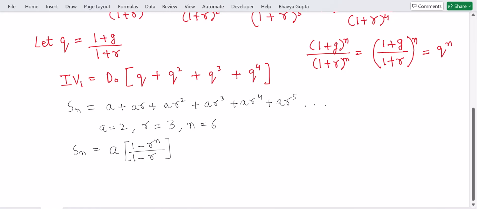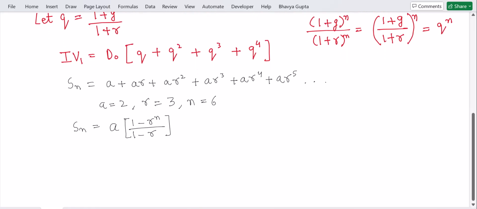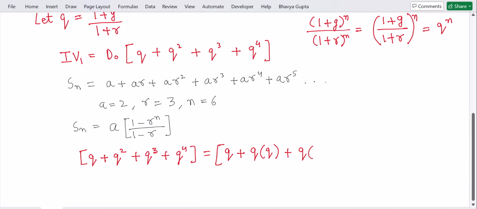If we see the second part within the square brackets for IV1, we can break down this part, Q plus Q square plus Q cube plus Q4, as Q plus Q into Q, plus Q into Q squared, plus Q into Q cube.